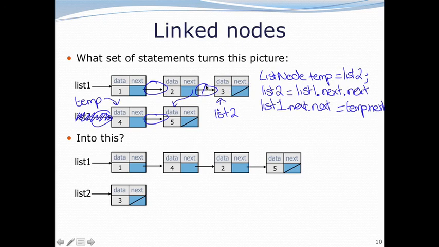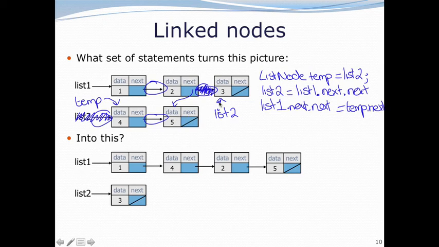This link here is broken because, of course, this list1.next can only have one reference. And I have this 4 node, which is referenced by temp, and it's still connected to the 5.